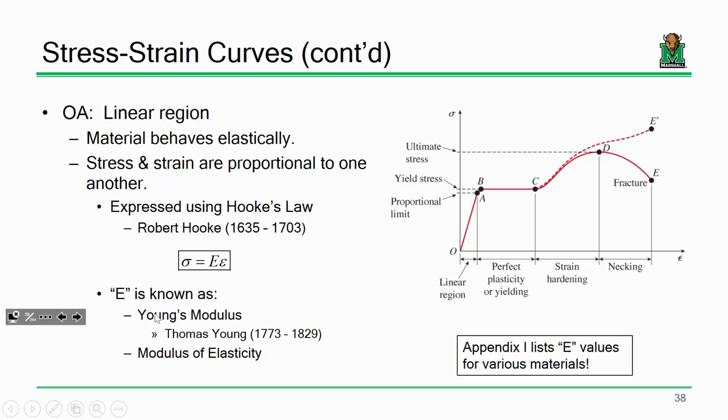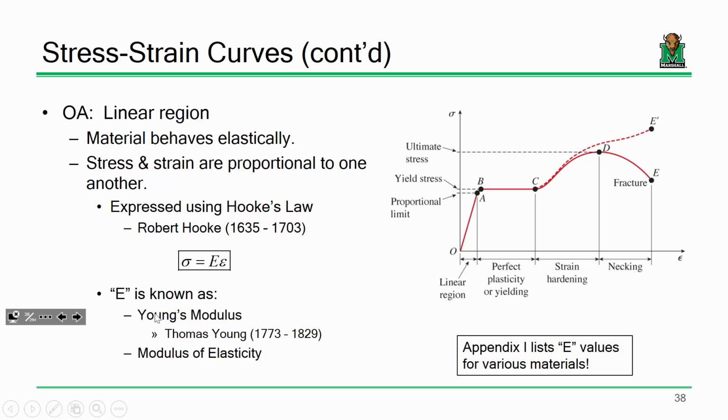Materials have a slope constant that we tend to call Young's modulus, or the modulus of elasticity. If you've had Engineering 215, I've got to believe you've heard of this term. Have you talked about it yet? You will, probably very soon.